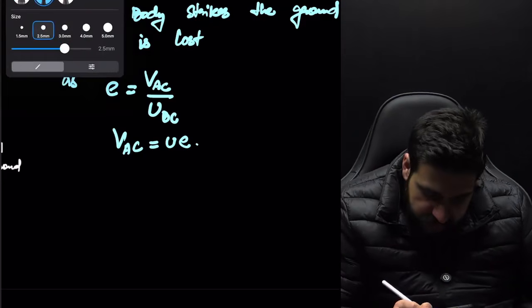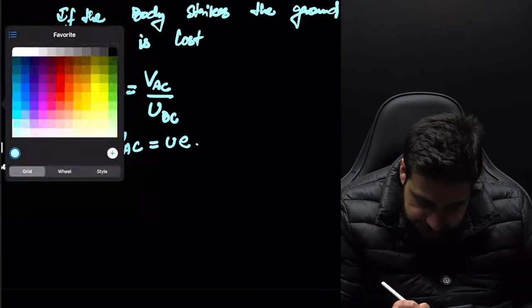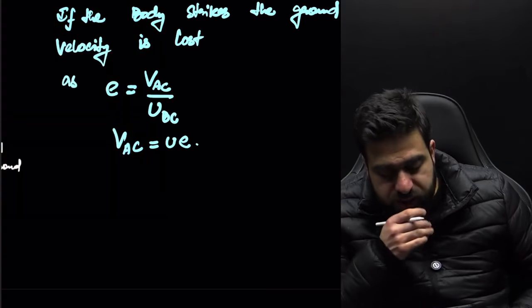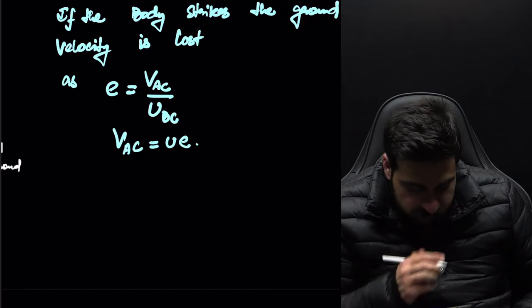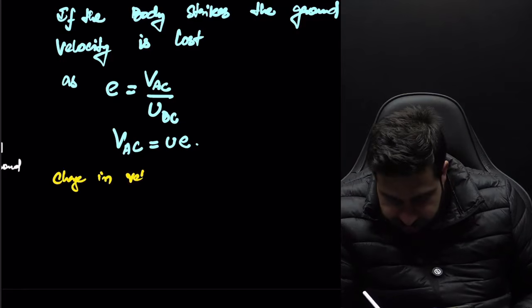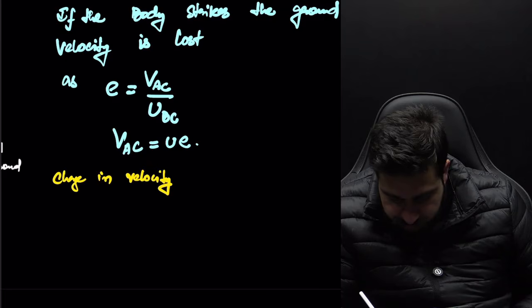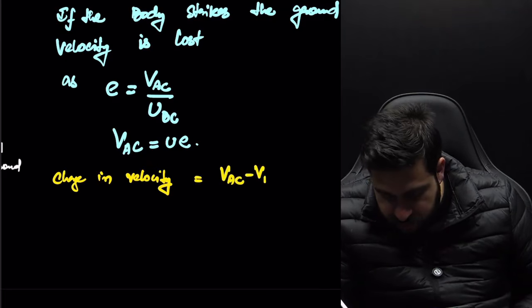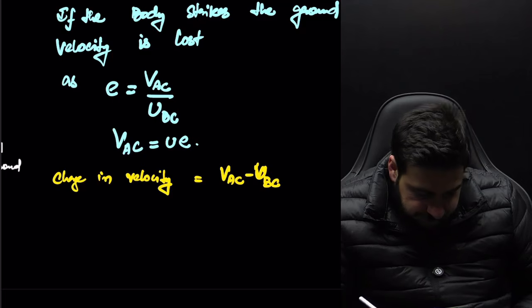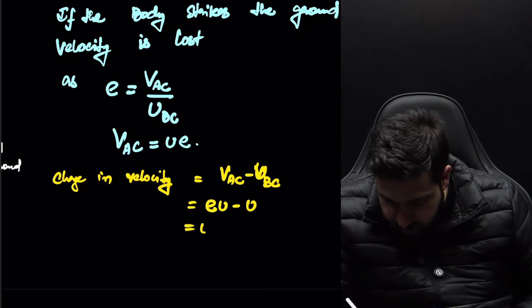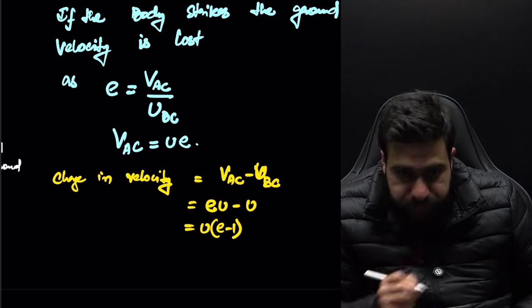Now, what is going to be the change in velocity in this particular case? Change in velocity will be velocity after the collision minus velocity before the collision. So that is e into u minus u. U will be taken out: u(e minus 1).